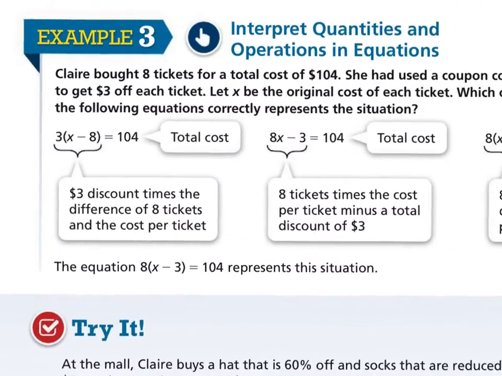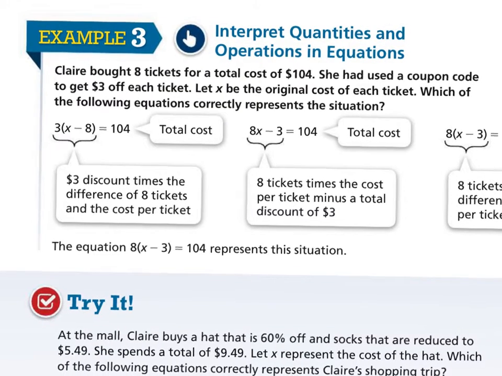Example 3: Claire bought 8 tickets for a total cost of $104. She had used a coupon code to get $3 off each ticket. Let X be the original cost of each ticket. Which of the following equations correctly represents the situation?